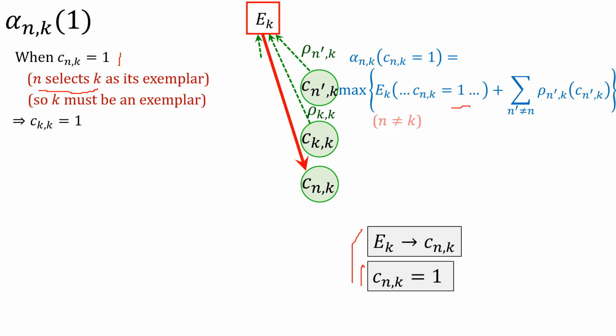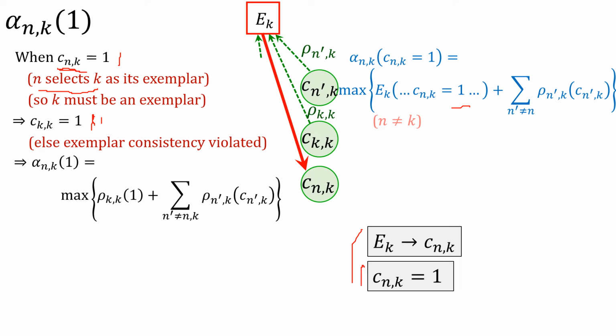If cnk equals 1 but ckk is 0, what does it mean? N is picking some k as its exemplar, but k itself is not an exemplar. If this were 0, it would mean an exemplar consistency constraint violation. So ckk must be equal to 1.